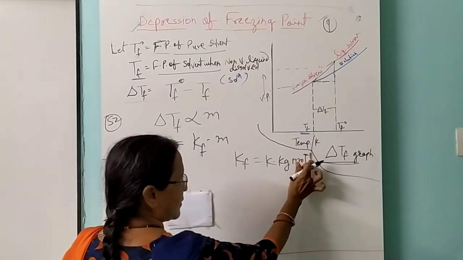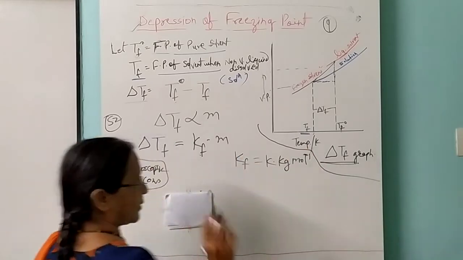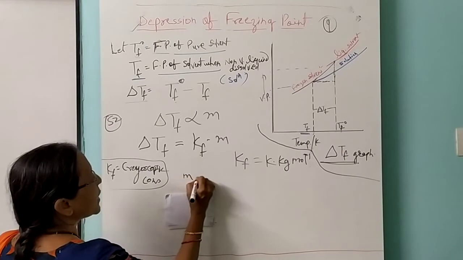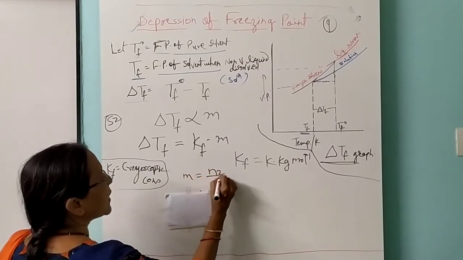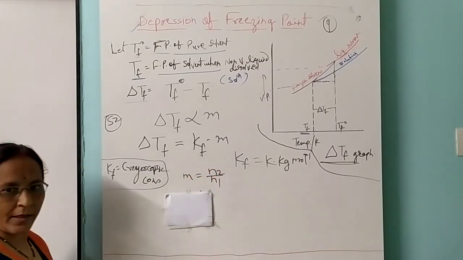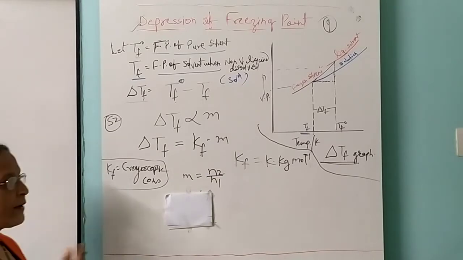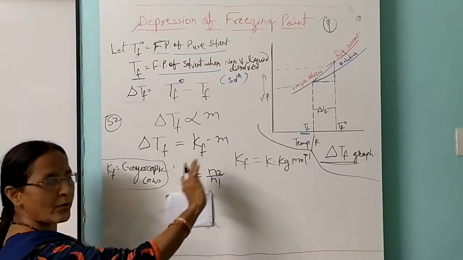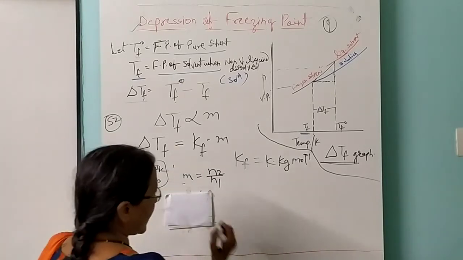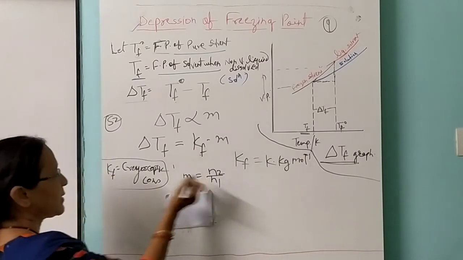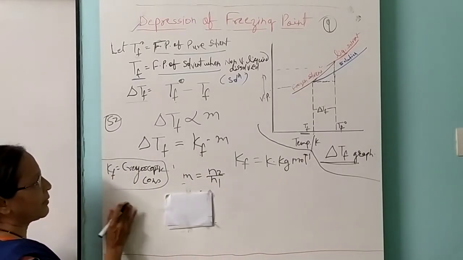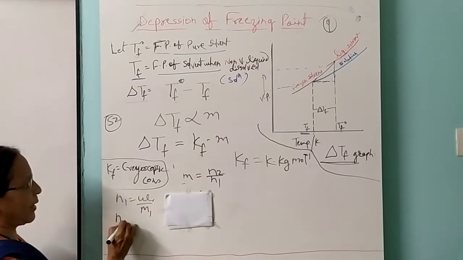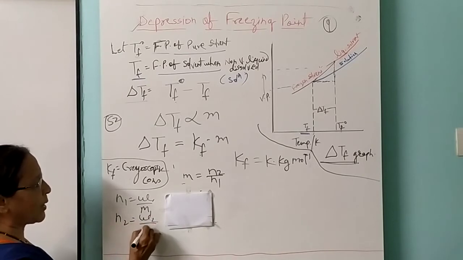Now what is the formula for molality? m is equal to n2 upon n1, for a dilute solution, when dilution is more. Then again, n1 is equal to W1 upon M1, and n2 is equal to W2 upon M2.